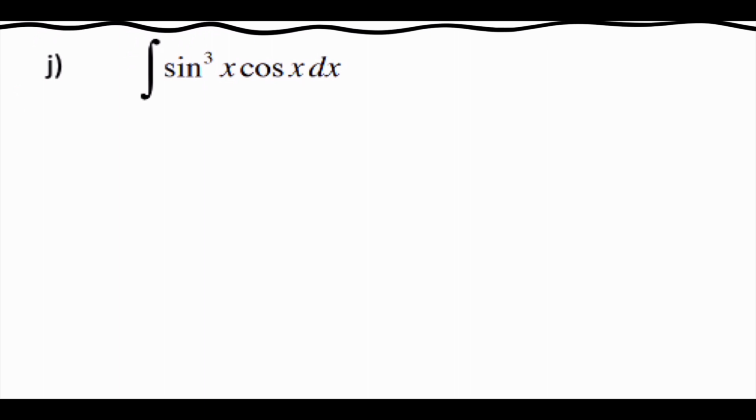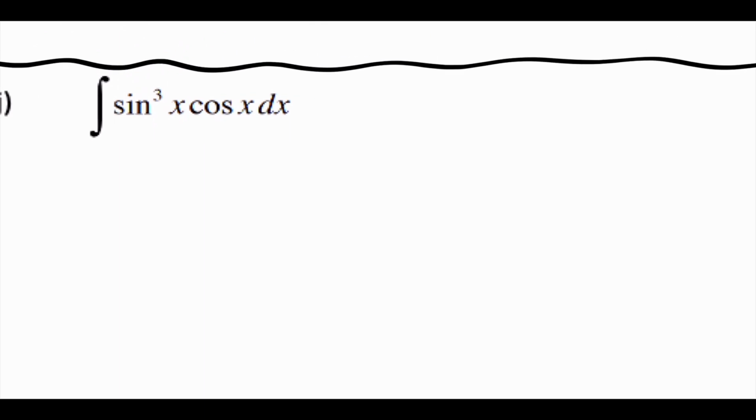So the first thing that I do with these guys is rewrite them. Because remember, in trig, they write squareds and cubes a little differently. So what this means is sine of x to the third power times cosine of x dx.